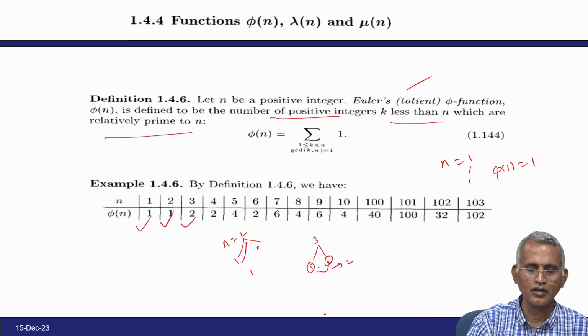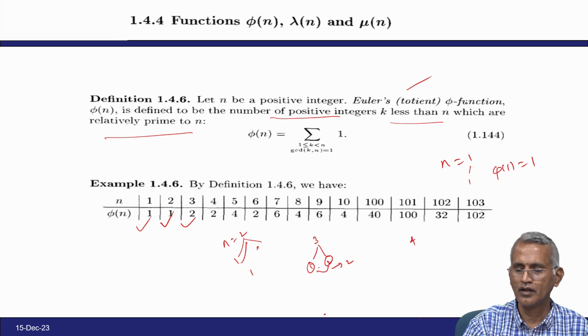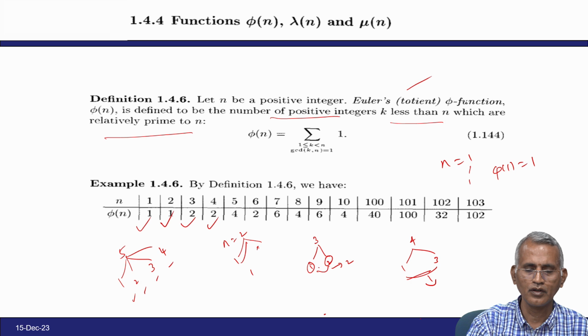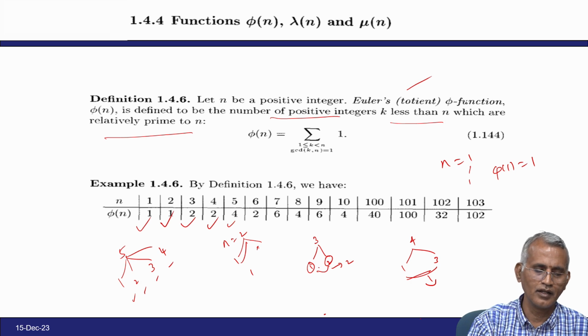If you take 4, what are relatively prime to 4 is 1 and 3. So totally 2. You take 5, relatively prime to 5 is 1, 2, 3 and 4, so 4 terms.